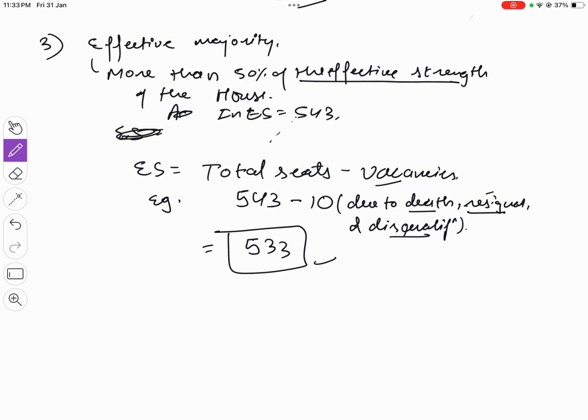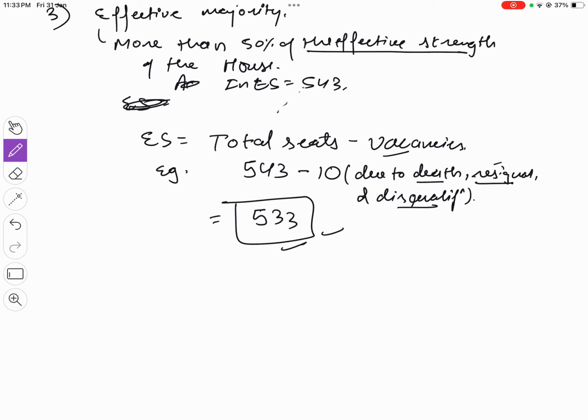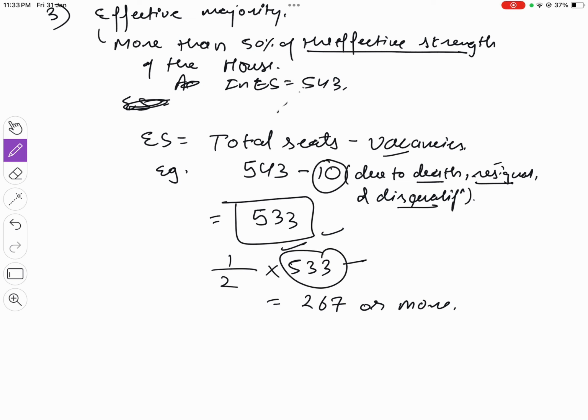Then we are left with 533 members. Half of 533, the number will come 267 or more. This is our effective majority. This is just an example. The vacancies can be more, so this number can change accordingly.